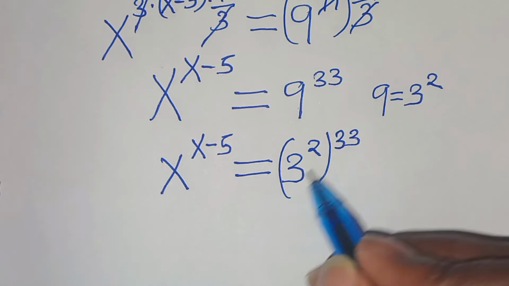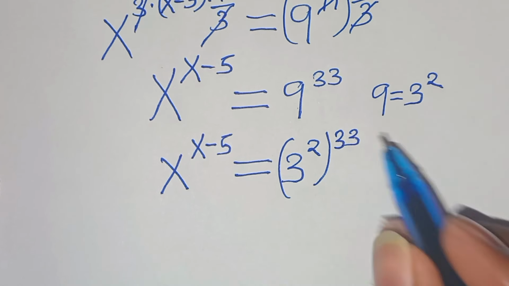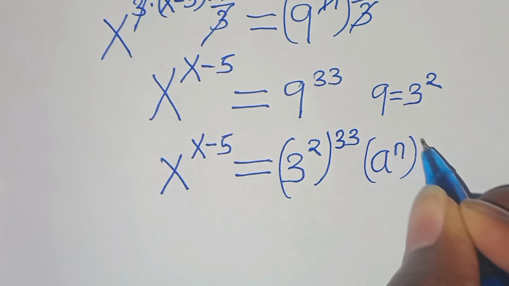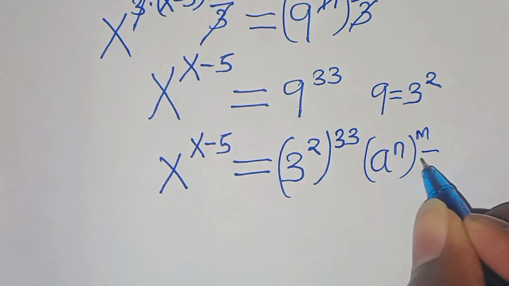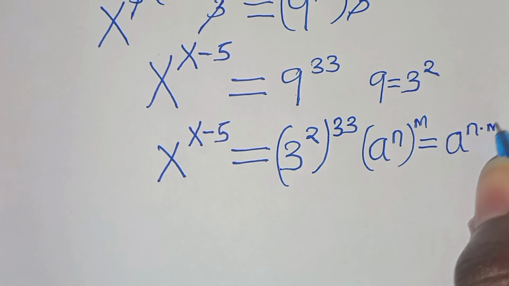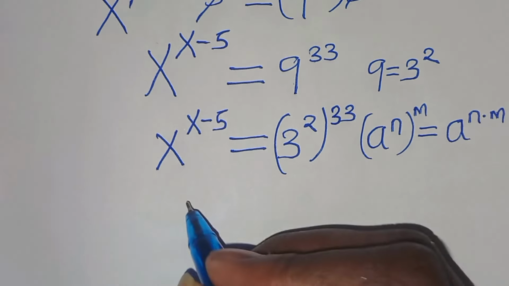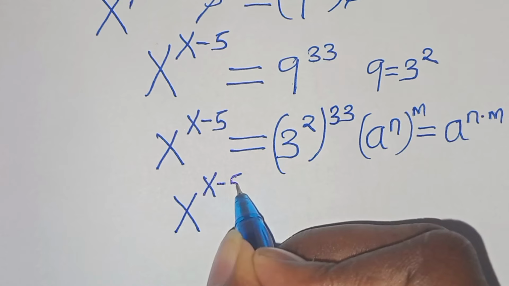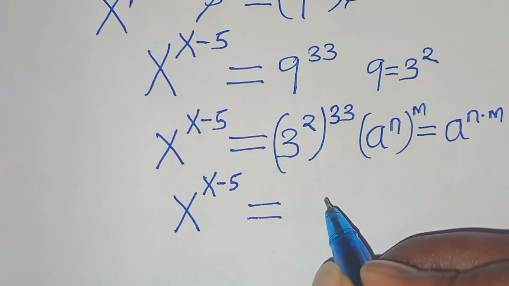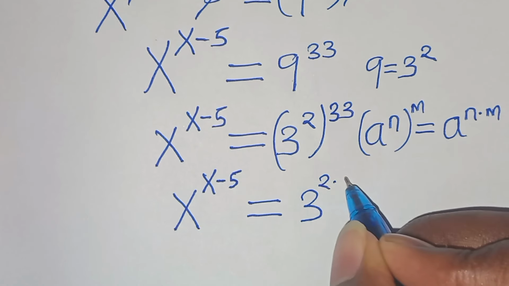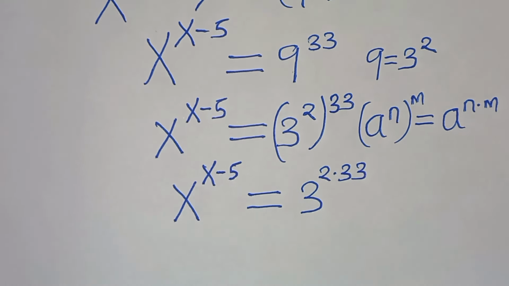Now, 3 to the power of 2 raised to the power of 33 is in the form of a to the power of n raised to the power of m, which we can express as a to the power of n multiplied by m. So that now, here we have x to the power of x minus 5. This is equal to 3 to the power of 2 multiplied by 33.